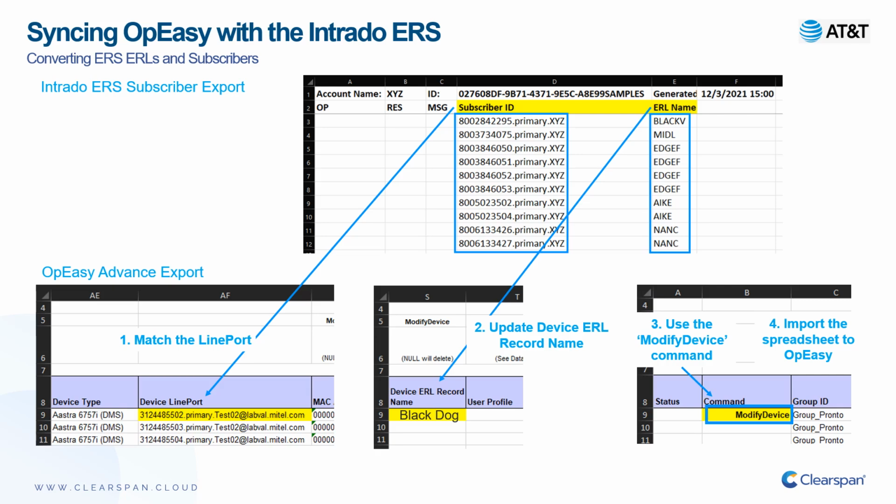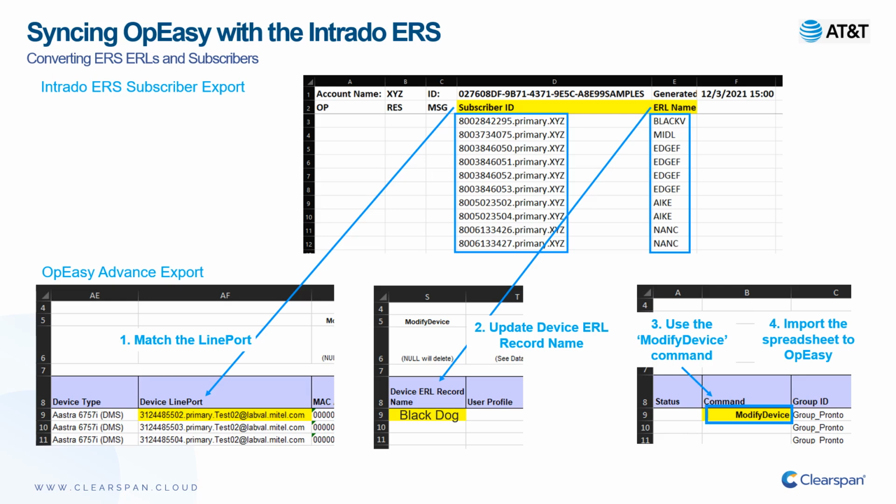The top spreadsheet is from the Intrado ERS export. The bottom spreadsheet are sections from the OpEasy export. The objective of this action is to associate the Intrado ERLs with subscriber devices in HVS. So locate the subscriber ID that is equivalent to the line port in the OpEasy export.